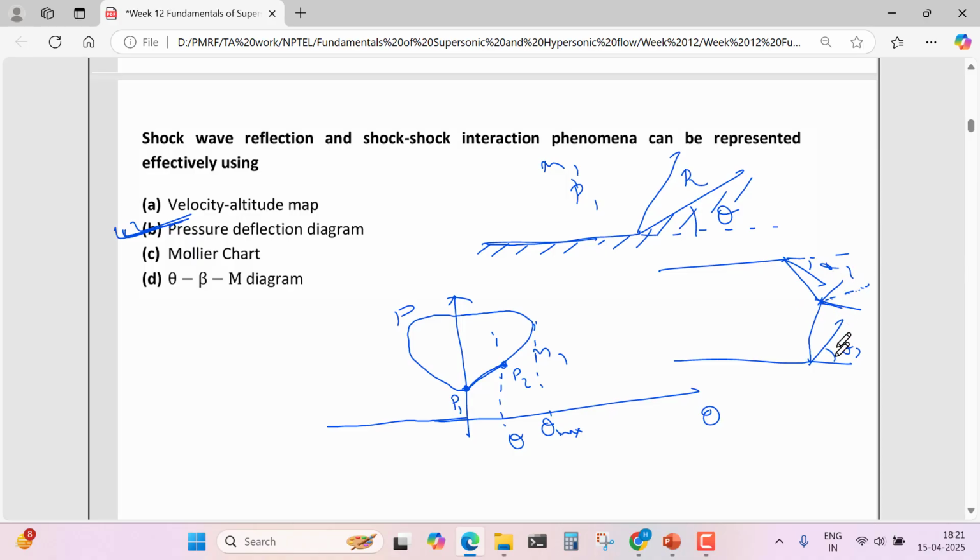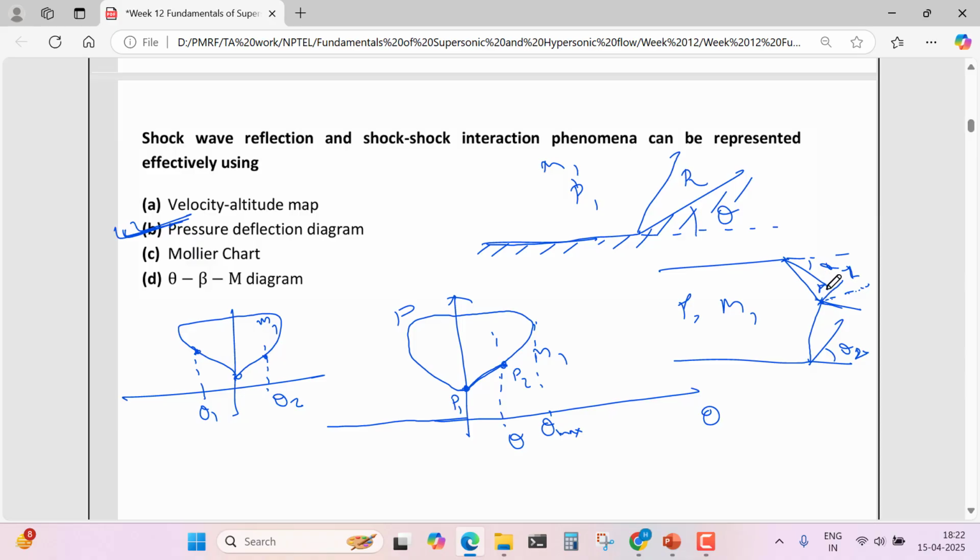So this is theta 2 and this is theta 1. If you see this diagram for P1, M1, the diagram will be like this, and for this theta 2, which is positive, we will get this pressure, and for theta 1, which is negative, we will get this pressure. This was made for M1.